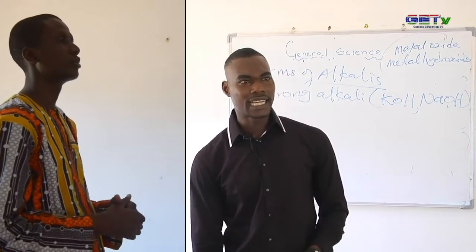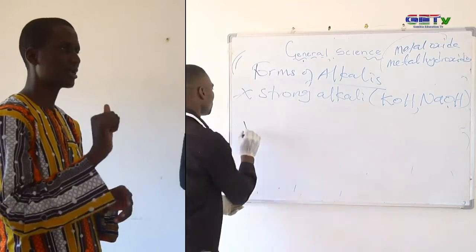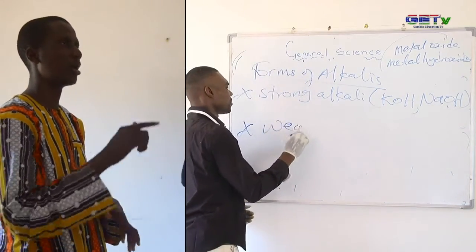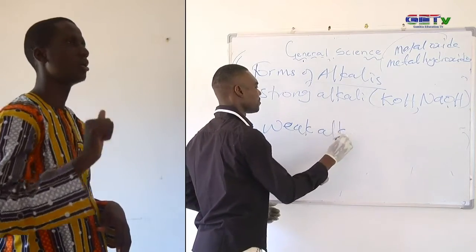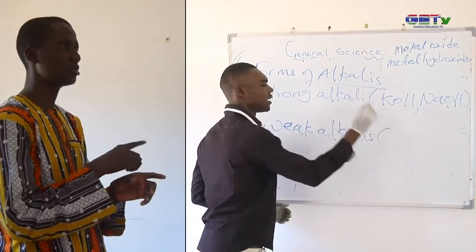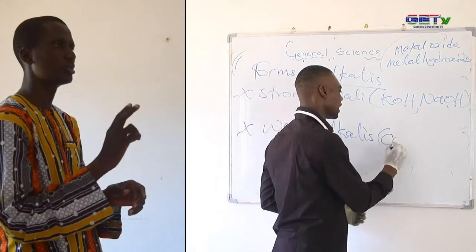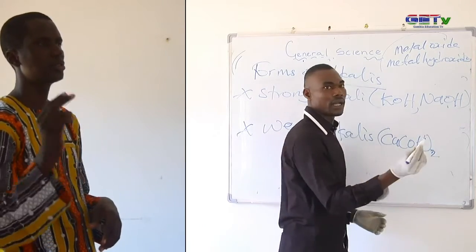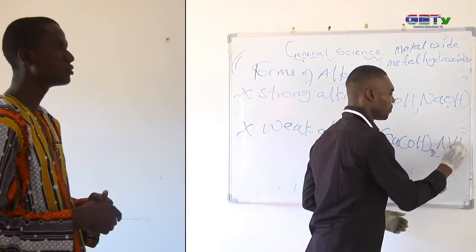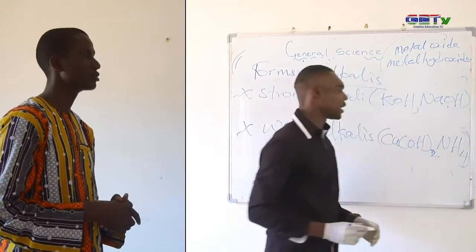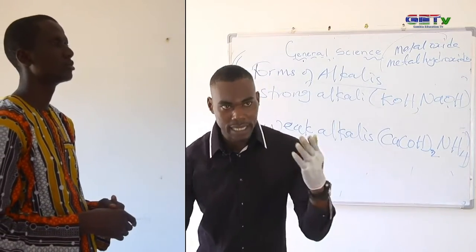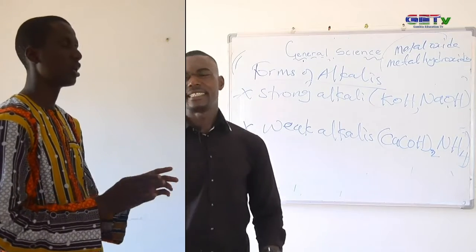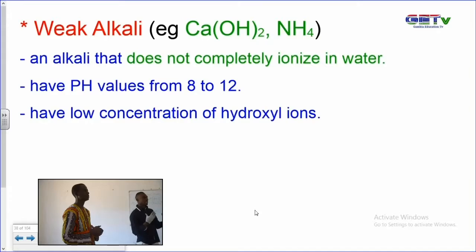Let's look at weak alkalis now. An example of weak alkalis is calcium hydroxide and ammonia, NH3. These are weak alkalis. Why are they weak alkalis? One, they do not completely ionize in water.